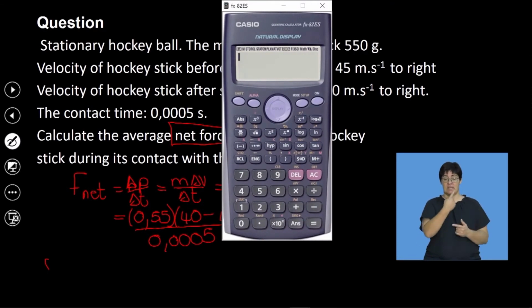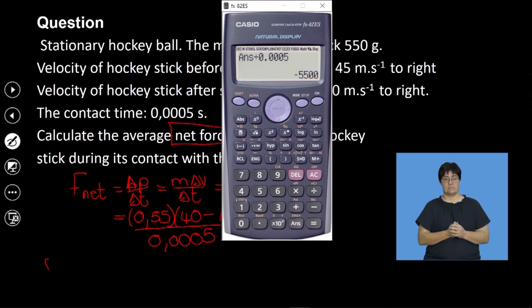So we're going to go 0.55 times, now I need to use my brackets, 40 minus 45. I like to do it like this. So now we're going to get equals. That's the top part of the fraction. Now I'm going to divide that answer by 0.0005, okay? And I get an answer.